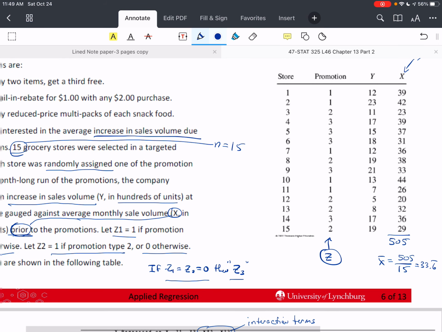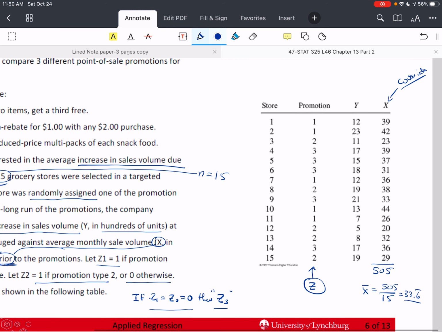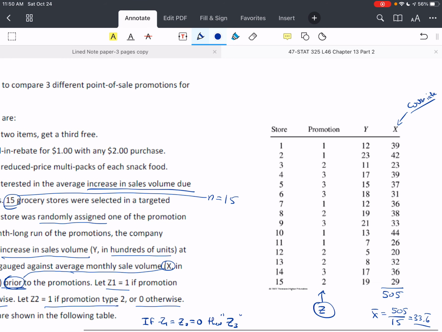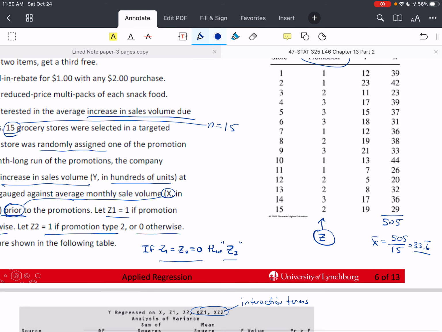Okay, the data's here. We've figured out the overall average is 33.6 for X, which is our covariate, and Z, our promotion, which is our major study factor, is promotion, which is replaced by 2 nominal variables.